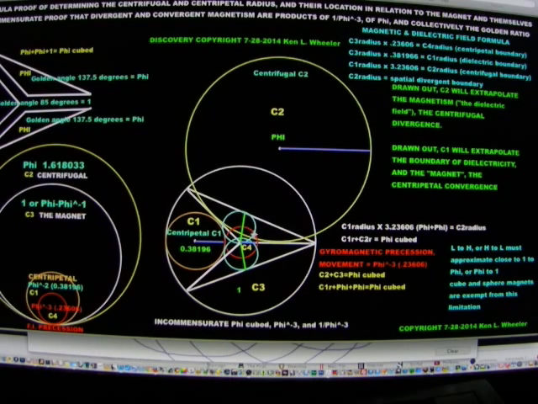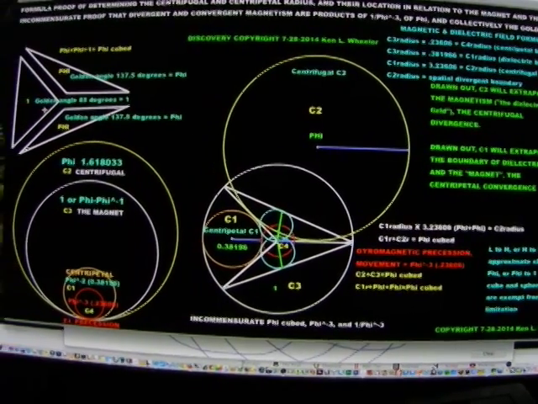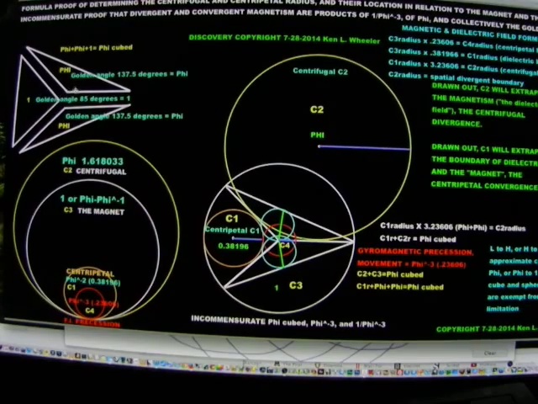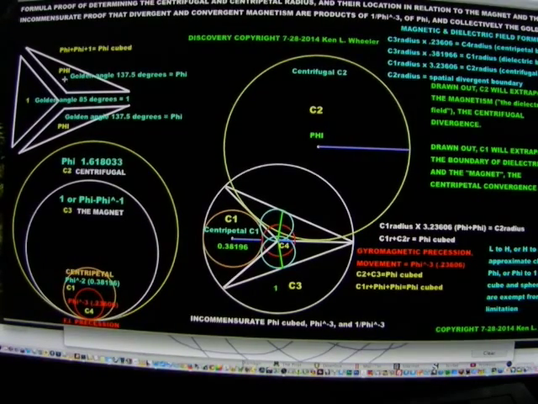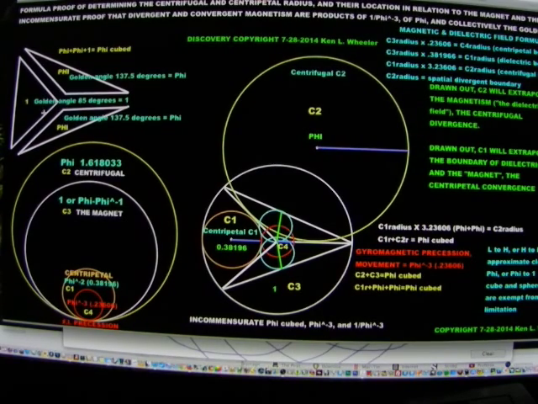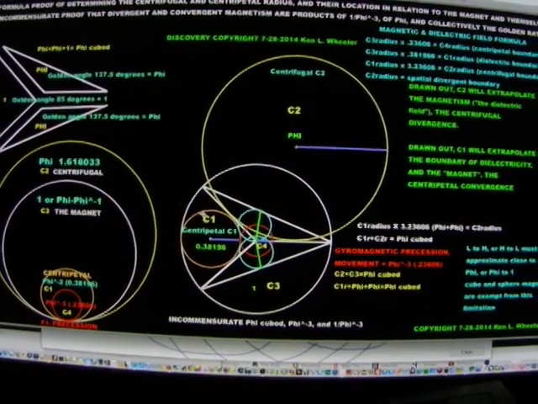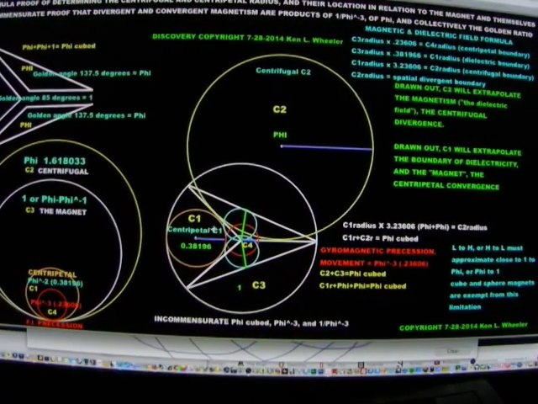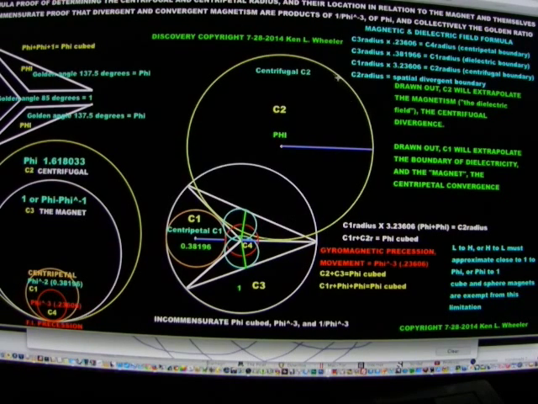It's 137.5 degrees, 2 of those, which equal phi, and 1 over here, so you can actually see it. These 3 triangles, the 137.5 degree triangles, 2 of those, and 1 triangle which equals 1, the golden angle of 85 degrees. Those make up the 3 sections of the incommensurate circle, which also make up the centripetal and centrifugal reciprocations.